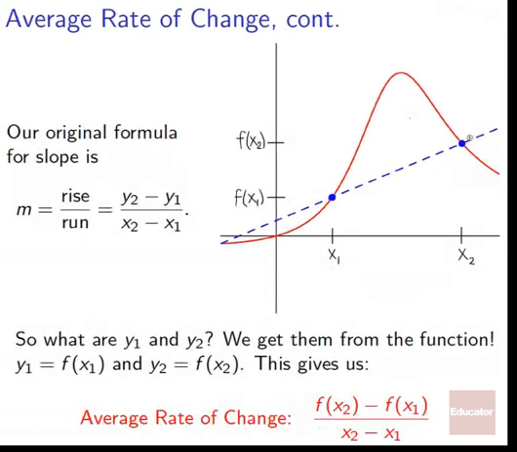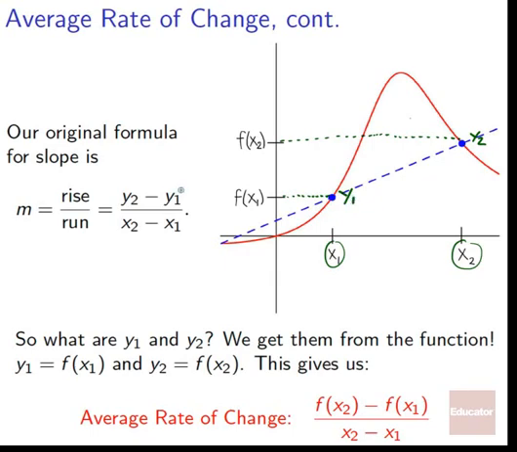Great. But what are y1 and y2? If we want to figure out what y1 and y2 are, we just need to look at x1 and x2. Since x1 and x2 get placed into the function, y2's height is really just f of x2, because that's how the graph gets built. The input gets dropped to an output. We map an input to an output. And y1 over here is from f of x1.